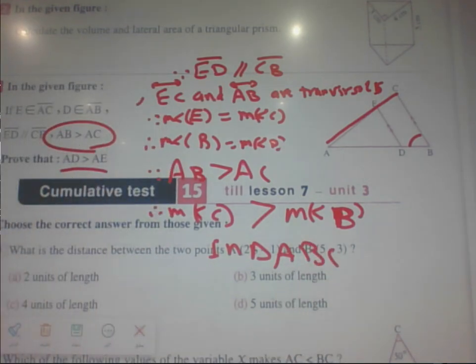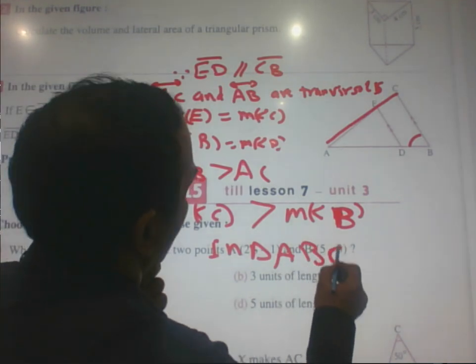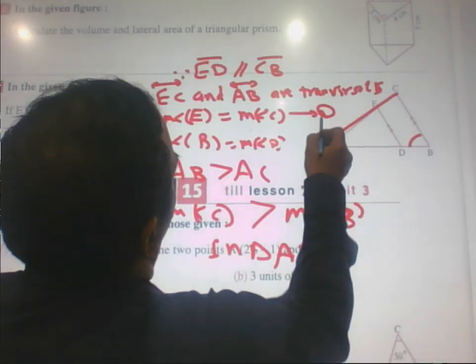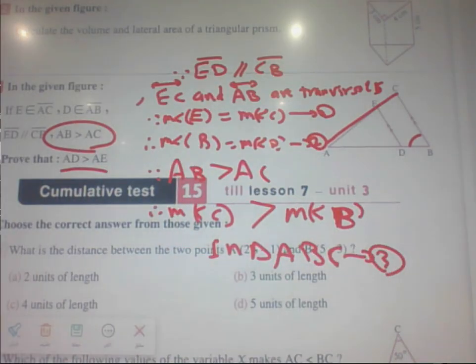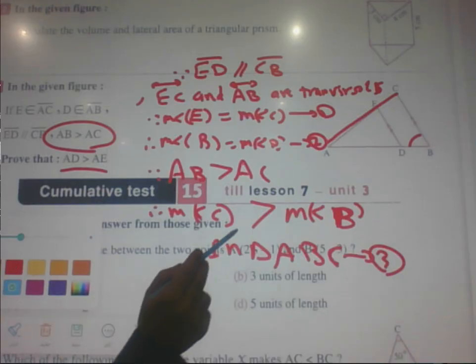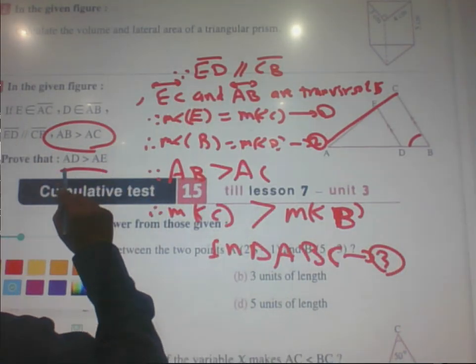This relation is number 1, this is number 2, and this is number 3. What will you find here? He gave me this information.